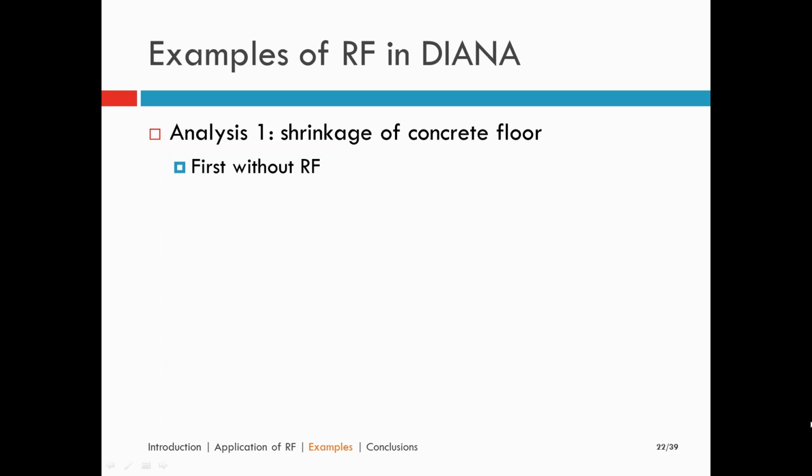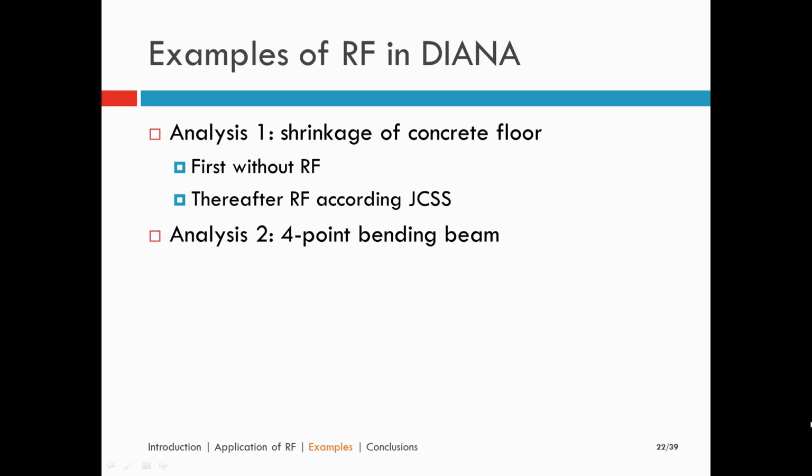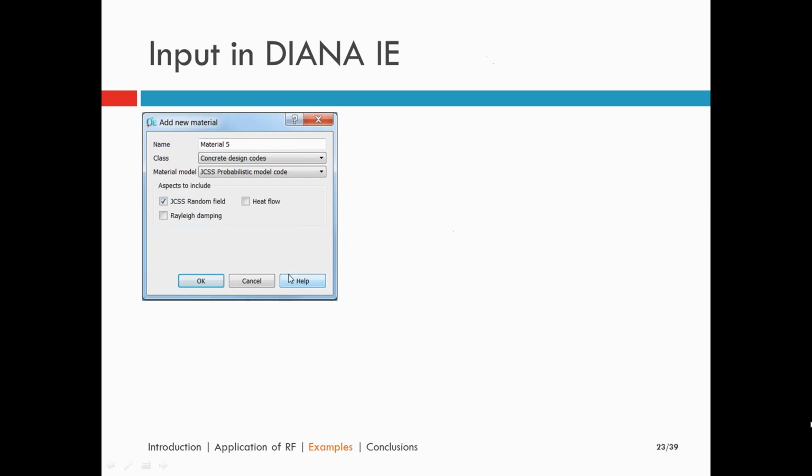First I will show results where no random field is used, and thereafter with a random field according to the Joint Commission on Structural Safety model code. And second I will show an analysis with a random field in one direction on the 4-point bending beam. But first I will show you how you can use random fields in Diana.